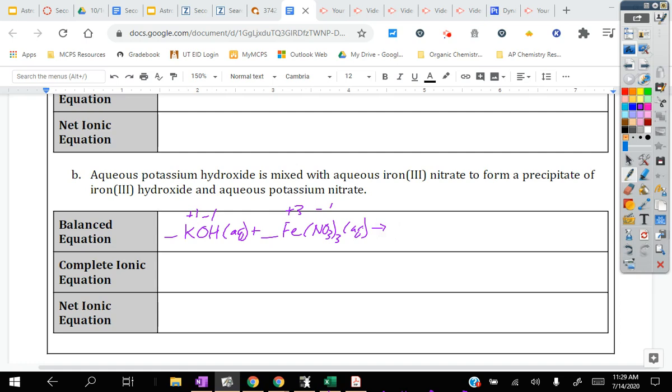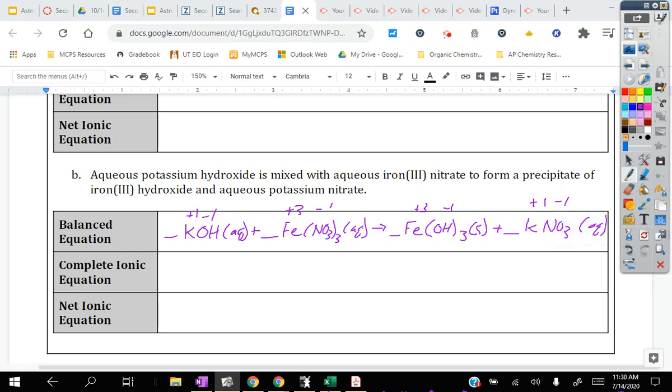And then it reacts to form iron 3 hydroxide. Hydroxide, again, is still -1, so we need 3 of them. That's our solid, plus aqueous potassium nitrate, KNO3, +1 -1.